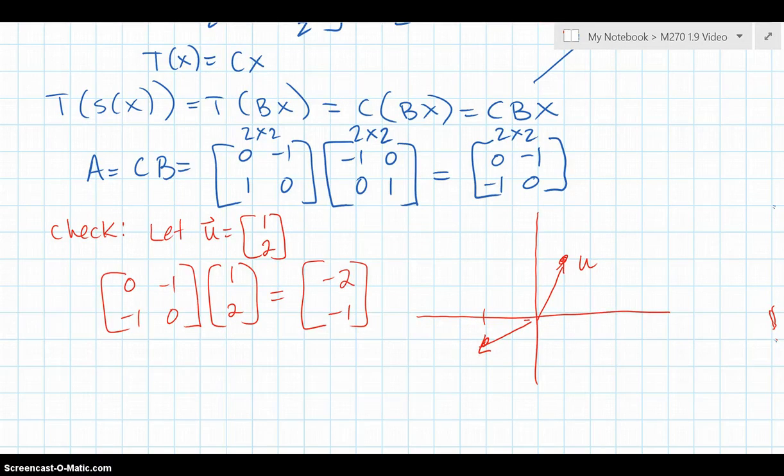So let's see. If I first reflect it through x2, I would get this point right here. Dot, dot, dot, dot, dot. And then I would rotate it 90 degrees counterclockwise. I would indeed get that vector. So this means we can take any point and almost do anything that we want with it.